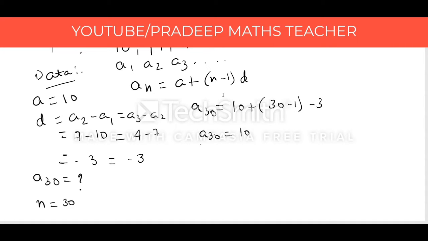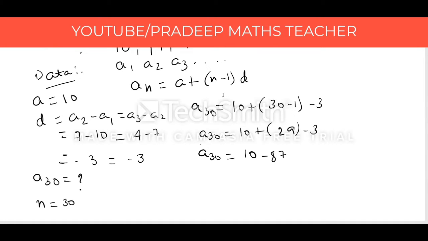Simplifying, A30 equals 10 plus 30 minus 1, which is 29, into minus 3. So A30 equals 10 plus 29 threes are 87.